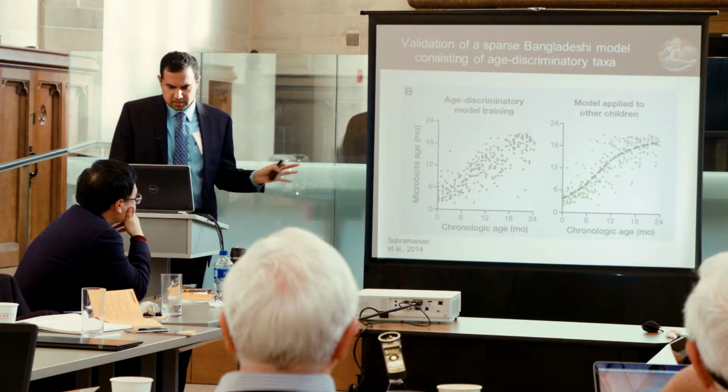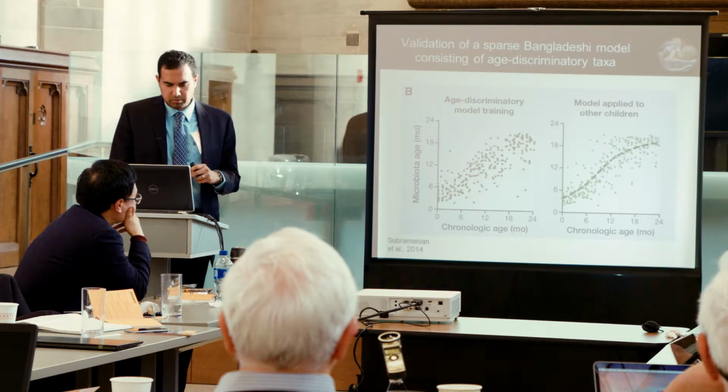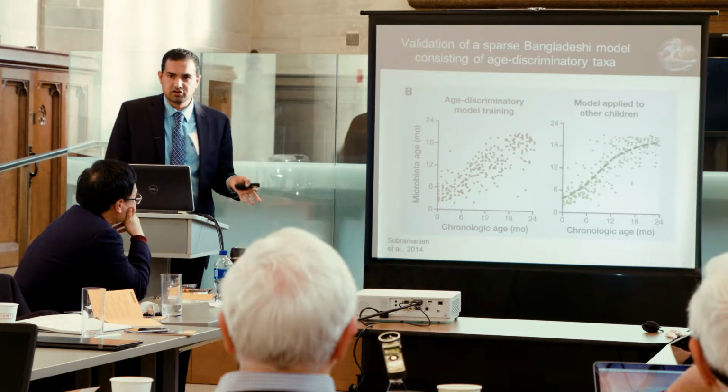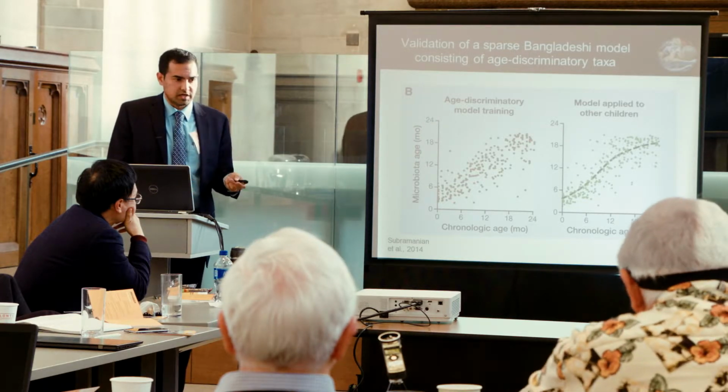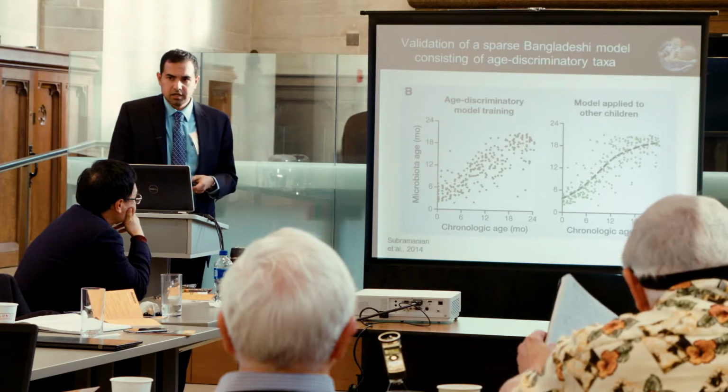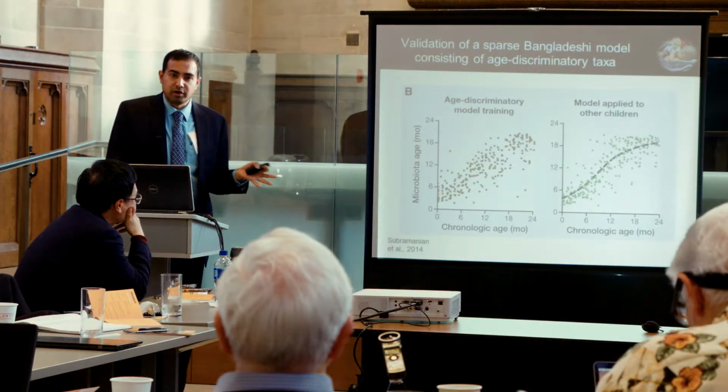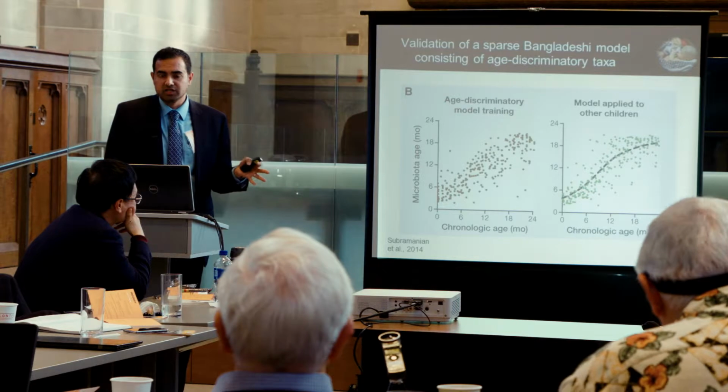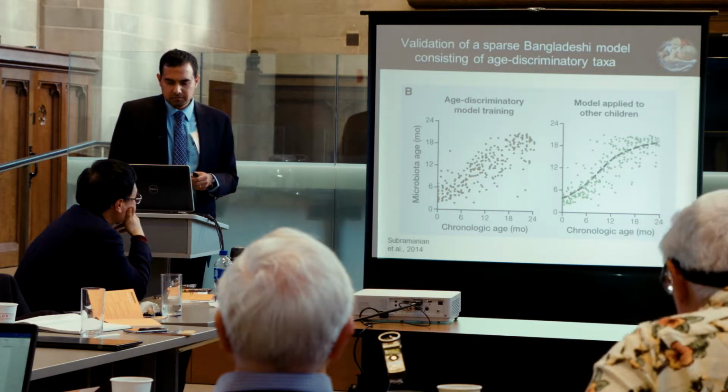And just to summarize, this is model training and separately applied to other children. We've also applied this, interestingly, to children raised in other countries under different conditions, including Malawi and Peru. And we found, surprisingly, a decent application of the model.